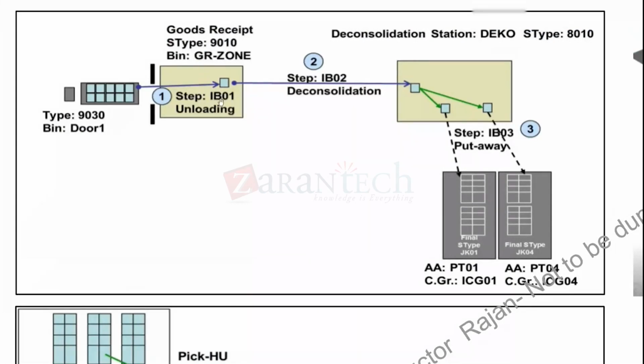Here you do the basic inspection, and then move it to the deconsolidation station, wherein you do the deco activity, separating the two products, because they need to be put away in different activity areas, different consolidation groups, or maybe different storage types. This is one example of unload, deco, and then put away.